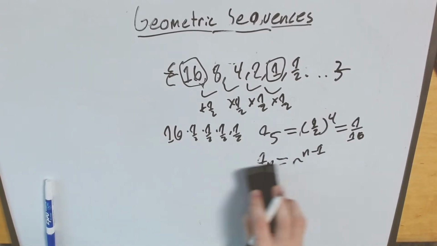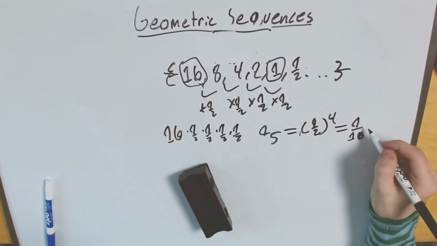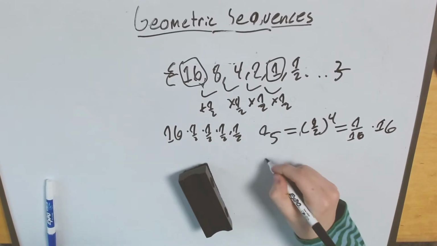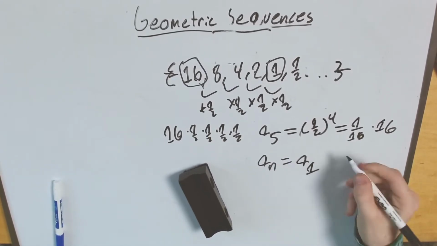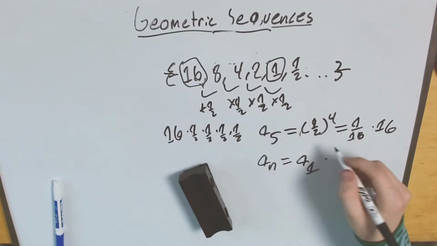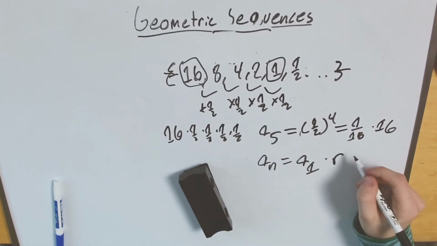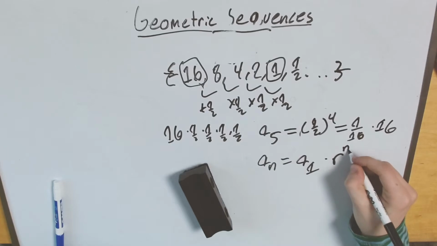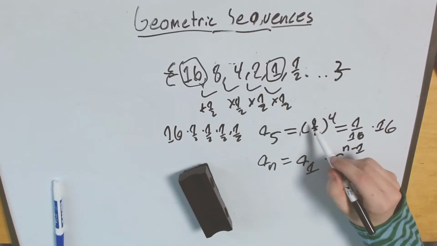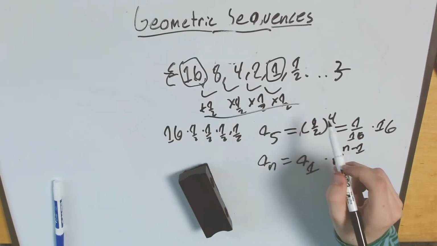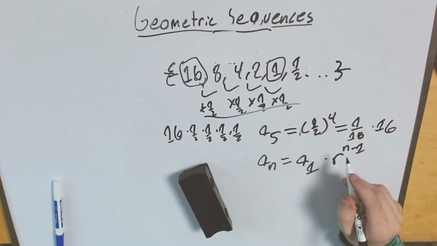So a_n is equal to a_1, the first term, times my common ratio, raised to the n minus 1 power. So if I'm looking for the fifth term, I do my common ratio, which is 1/2, I figured that out, to the 4.